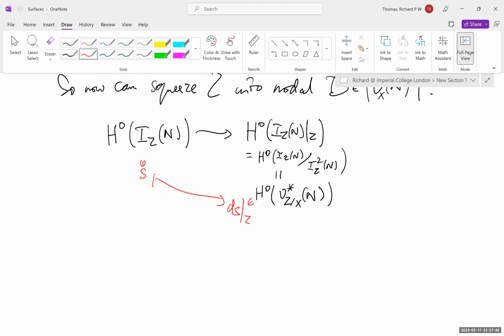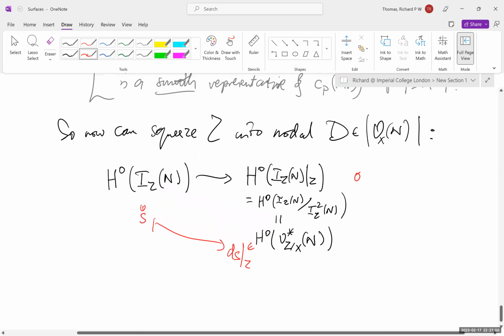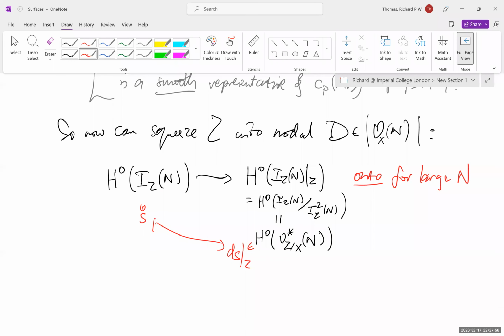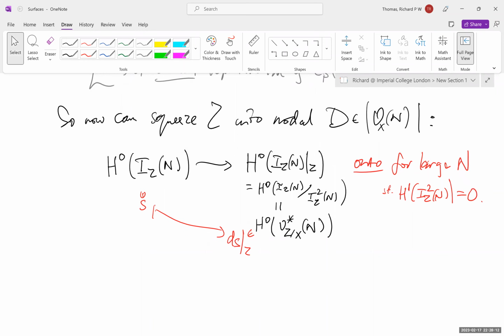And the point about this map is it's onto for large N, such that it's onto as soon as H1 of IZ squared twisted by N is 0, which you can arrange by taking N very large, by Serre's theorem B or A or something.